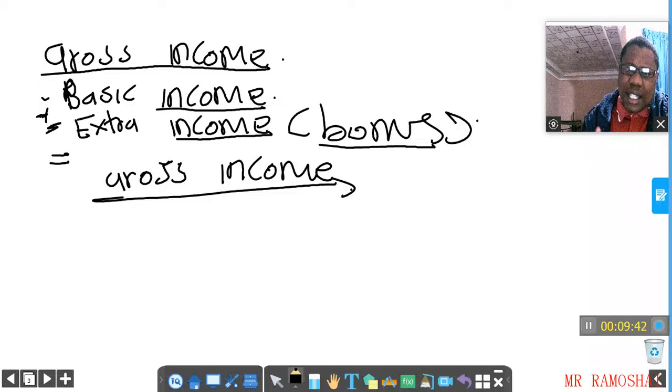I don't want to talk about the deduction here. I don't want to talk about the net income because they are not part of taxation. They are only part of the IRP5 form, when you do the financial document, when you are being asked with someone's pay slip or salary advice, they are important there, not here.